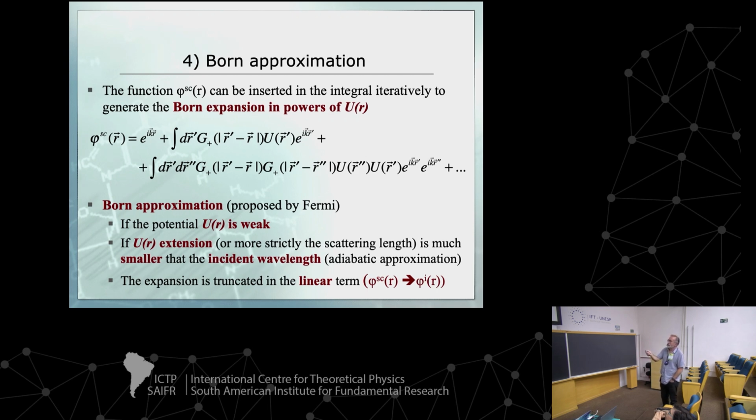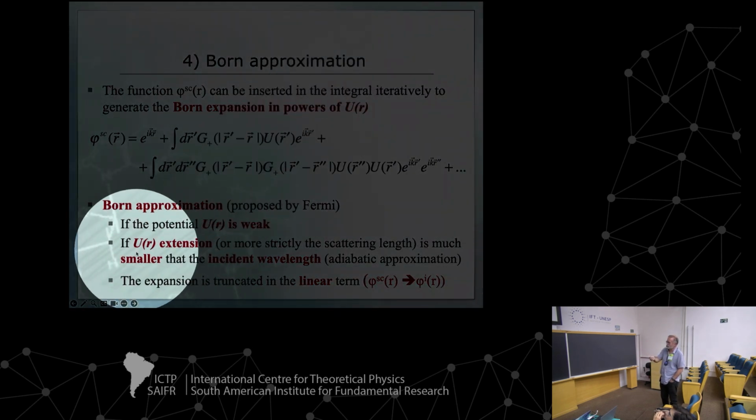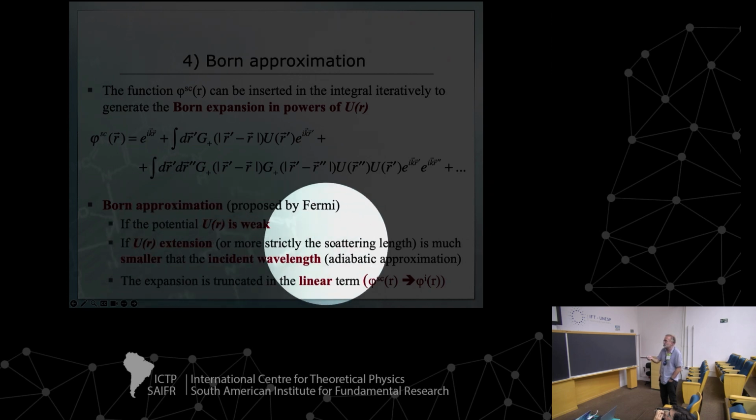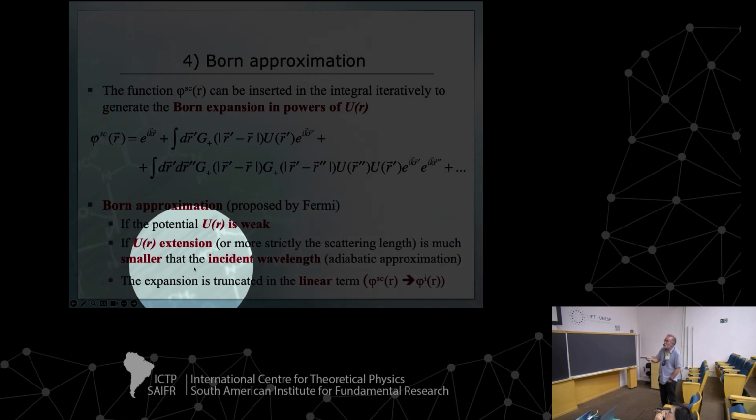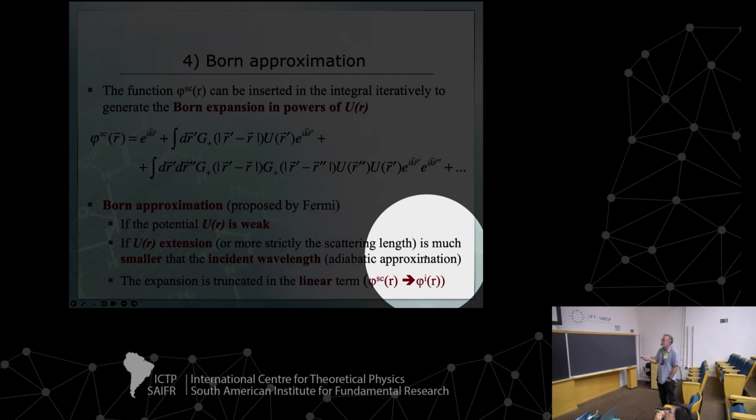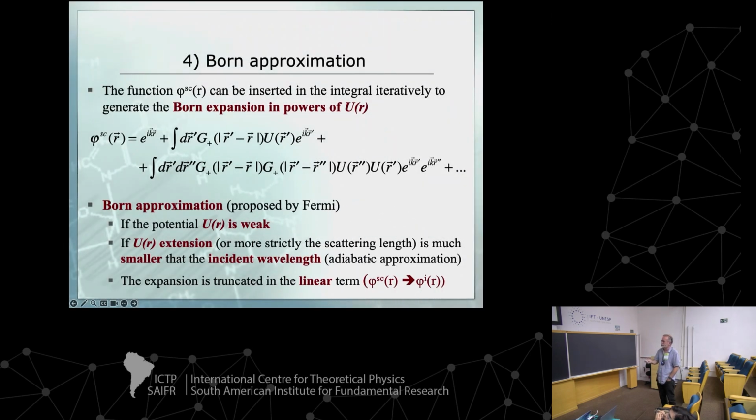And also, you have to have another constraint, that the extension of the potential, or scattering length, is smaller than the incident wavelength. That is called the adiabatic approximation.